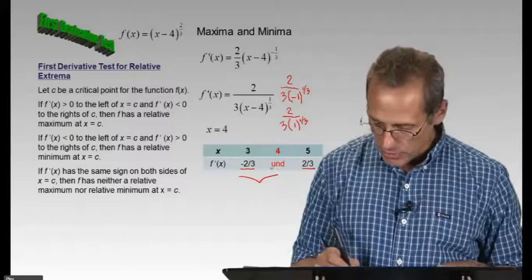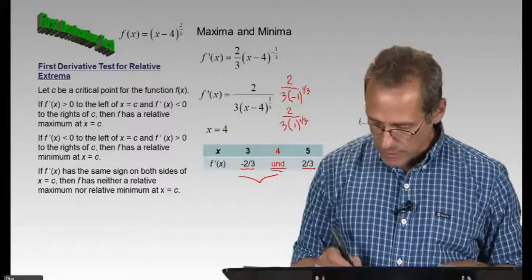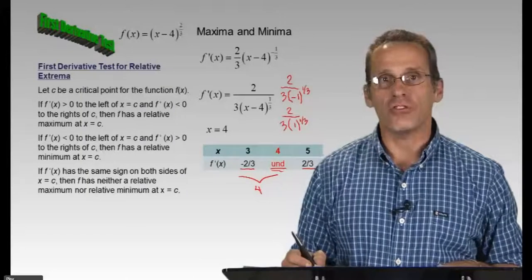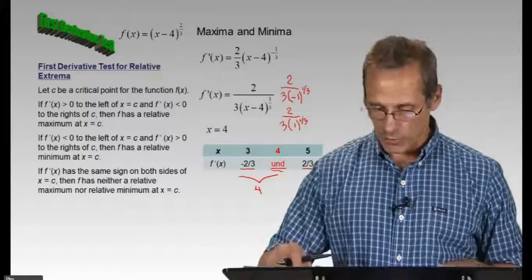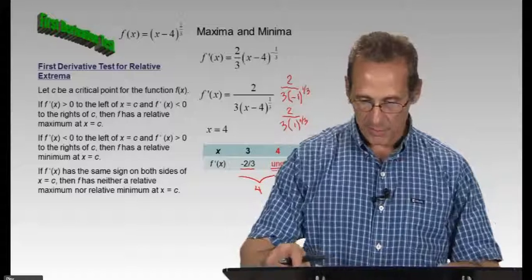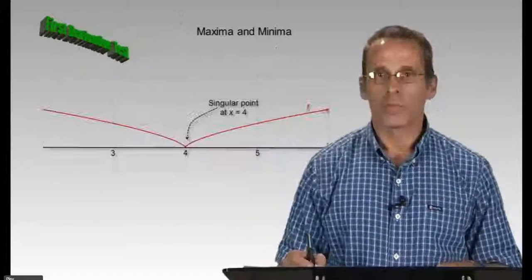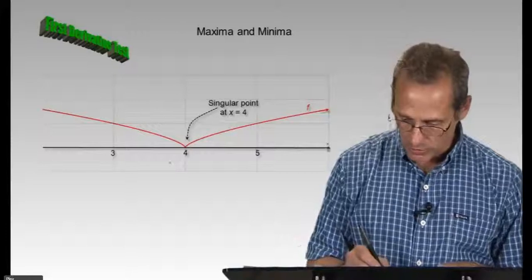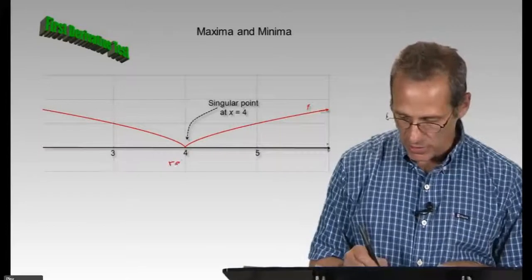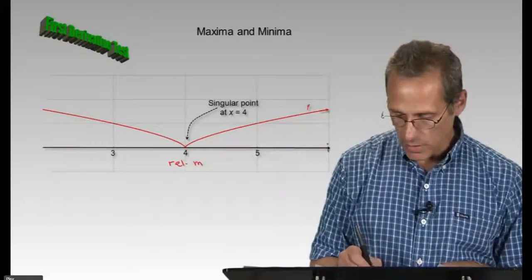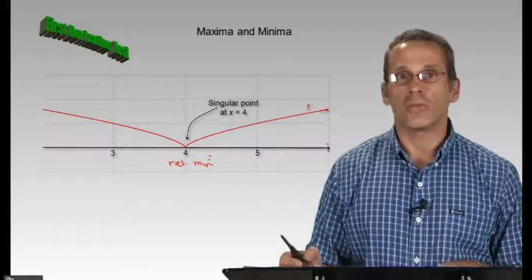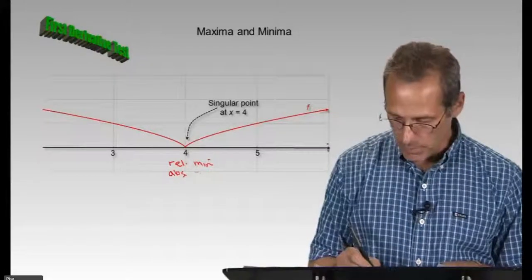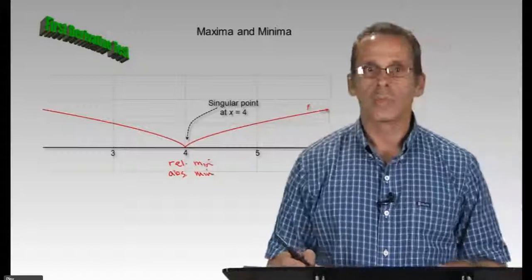But because the derivative is undefined at x equals 4, we have an expectation that we would see a sharp corner. Let's observe the graph. We have a singular point at x equals 4, but we most assuredly have a relative minimum as well as an absolute minimum. Thank you.